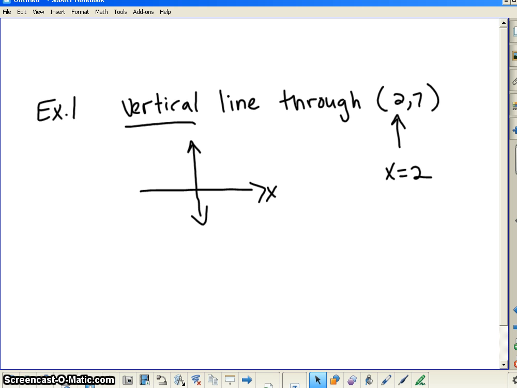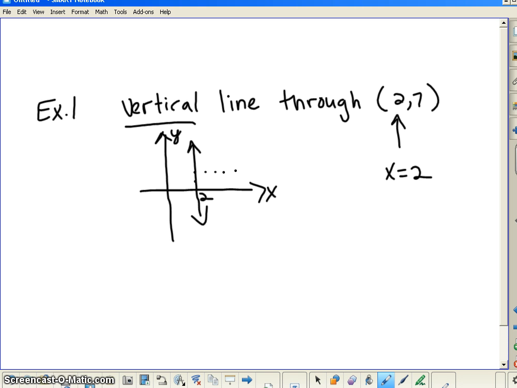Okay, what's the slope of that line? Here's the line, right. This is not y, y is over here. This is 2.